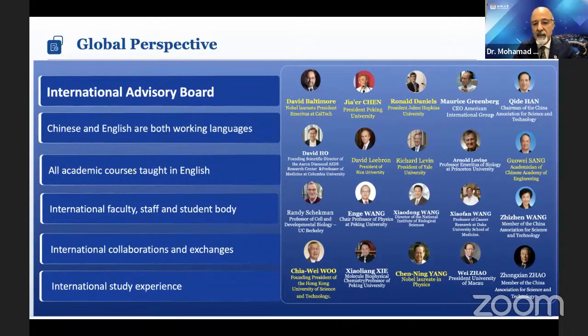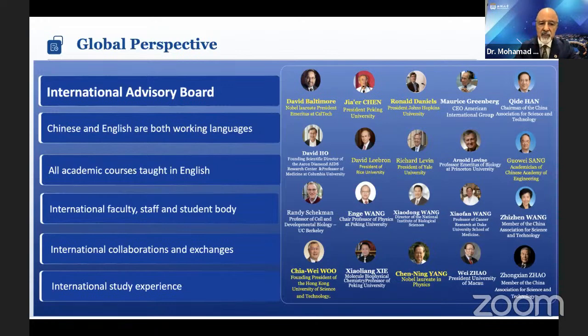I can spend more time, but I can also mention that both languages are used in this university. Of course, all teaching is in English, but in terms of administration, we still have a connection with the local, meaning Chinese, language.